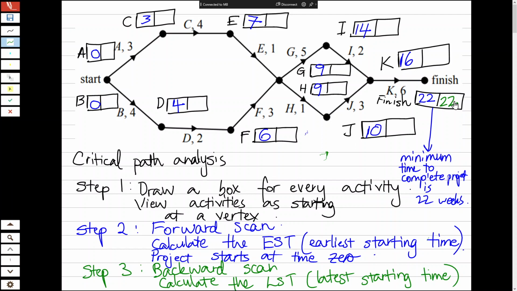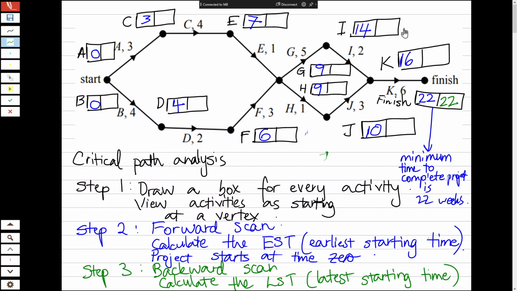Nothing outrageous there. But now we're going to work backwards, and there will be some activities where the earliest starting time and the latest starting time are the same, and there'll be other activities where there's a difference.